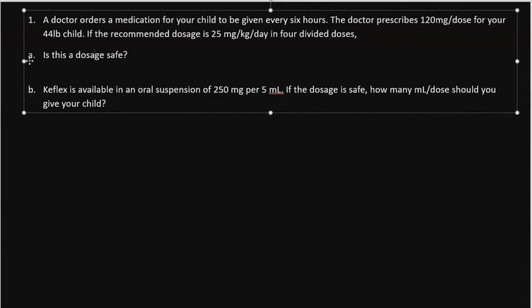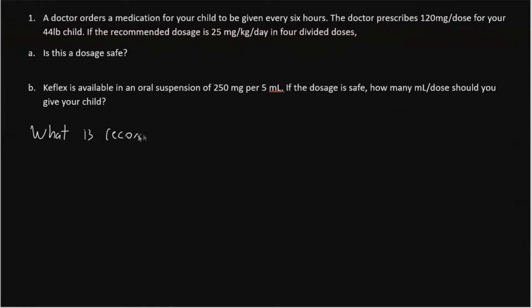All right. So first, what we have to figure out is, what is the recommended dosage? So they give you a dosage, but it is based on how heavy your child is. It is based on your child's weight. Now, the problem is the child's weight needs to be in kilograms.